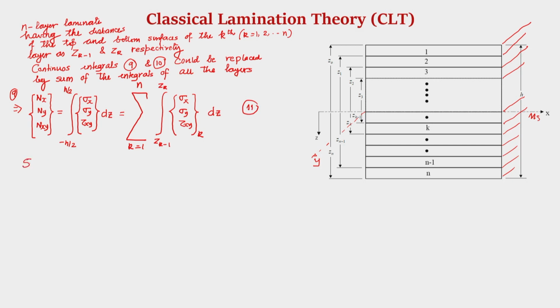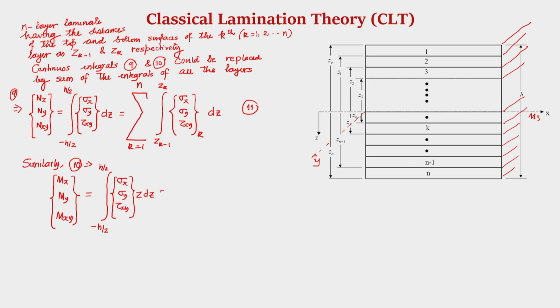Similarly, we could write 10 as M x, M y, M x y is equal to the integral from minus h by 2 to plus h by 2 of sigma x, sigma y, tau x y times z dz.